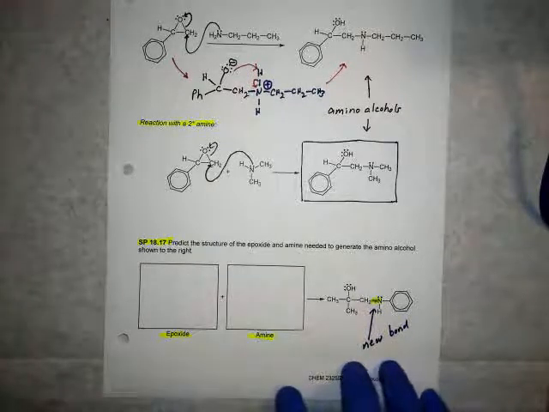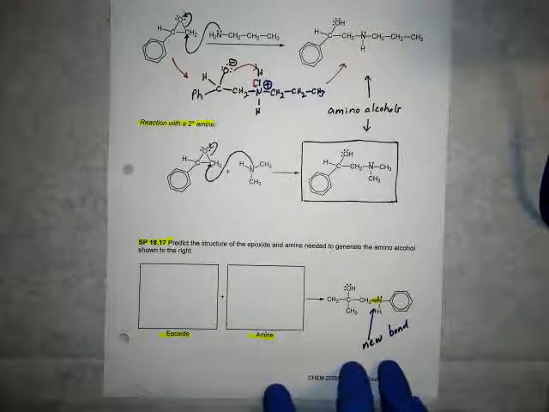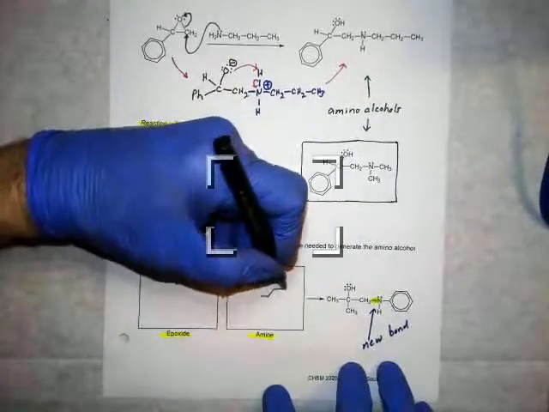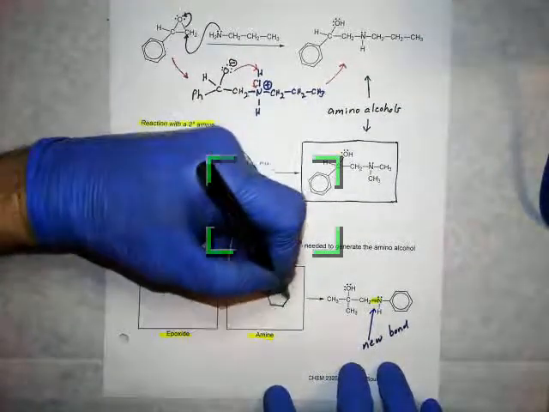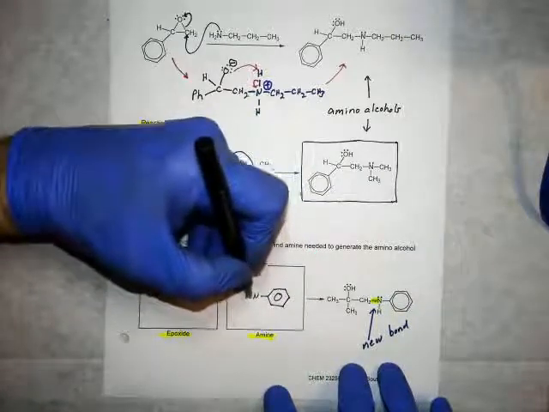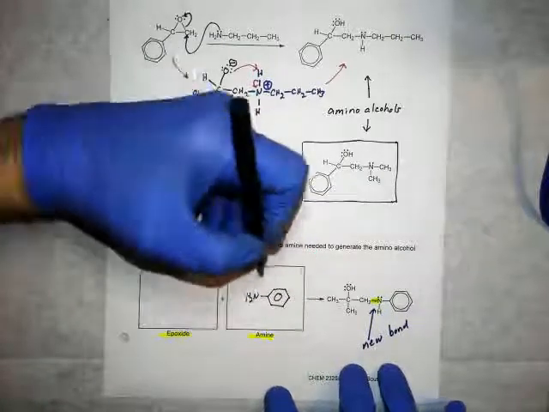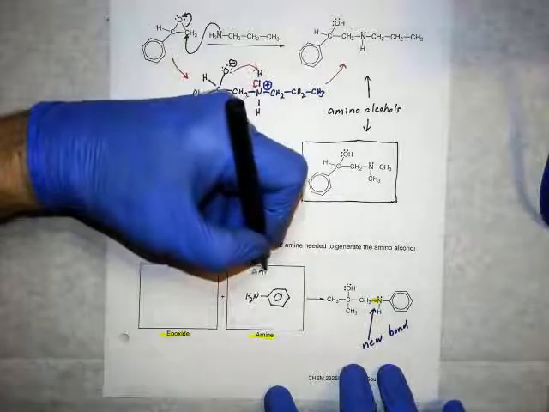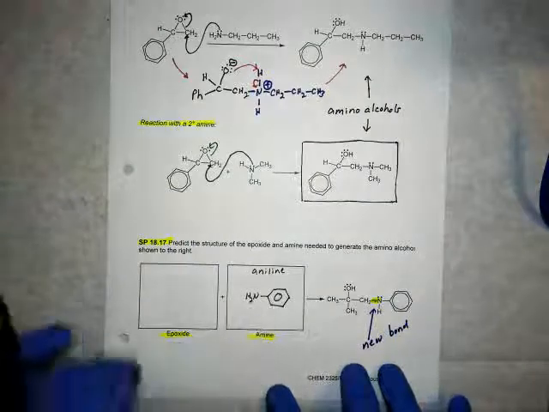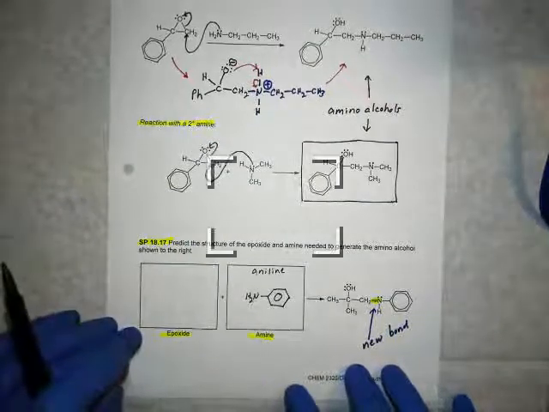With that in mind, we can figure out our amine pretty fast. Okay? The amine component is simply a phenyl ring with NH2. Okay? And by the way, this is known as aniline. Okay, if you ever heard of aniline dyes, they have this particular functional motif in them.